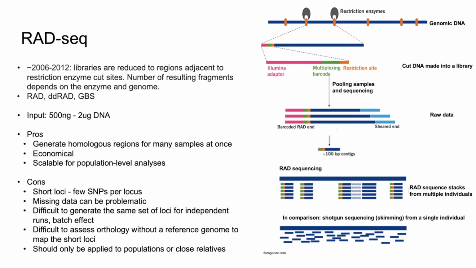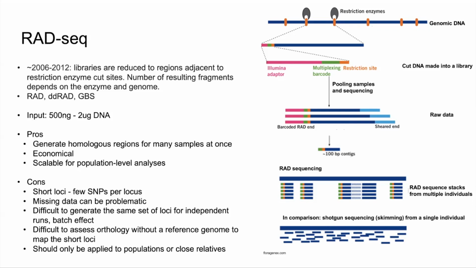And when you assemble your data after RAD sequencing, you get little stacks of short loci that contain SNPs, or single nucleotide polymorphisms. So you're able to generate homologous regions for many samples at once. It's fairly economical and it's very scalable for population level analyses. It's a really great way to get lots of SNPs.